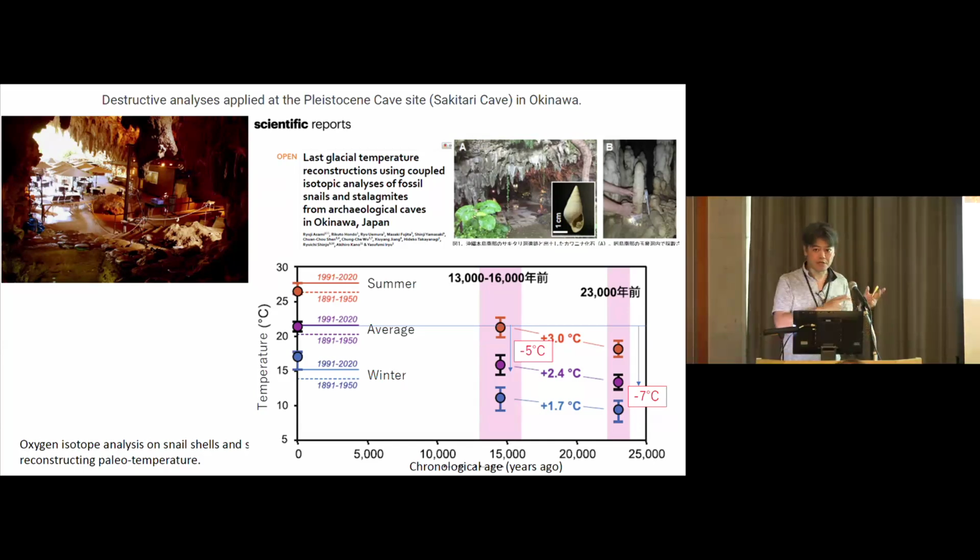The paleotemperature data is not directly related to the evaluation of the archaeological site, but temperature data is quite important for considering the paleoclimate and human life at this place.